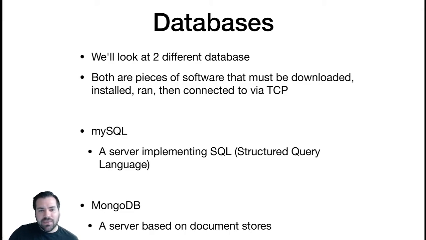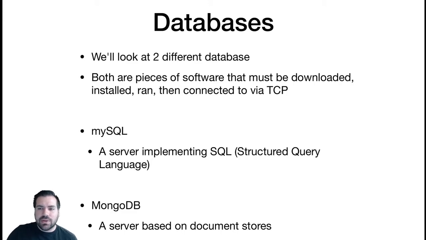So the first thing we have to do to use a database is download it, install it, run it, have it running in the background, and then in our code, we're going to connect to the TCP socket for that database. We're going to create a TCP socket connection, and then start sending it queries through that TCP connection by using the API provided.